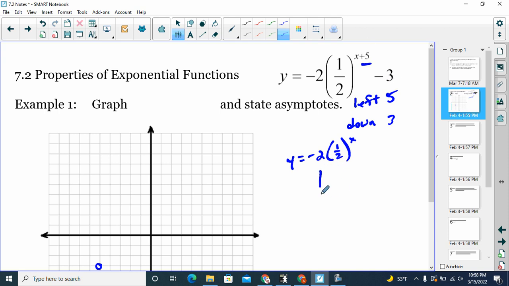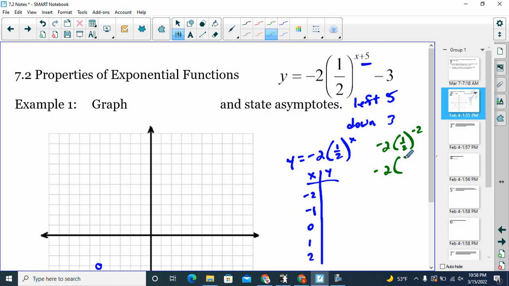We make an XY chart for the parent function. Good points to plug in for an exponent are going to be -2, -1, 0, 1, 2. If I plug in -2, I have -2 times 1/2 to the -2nd.